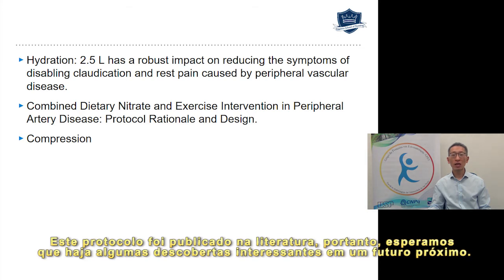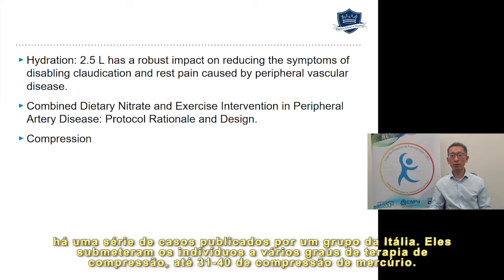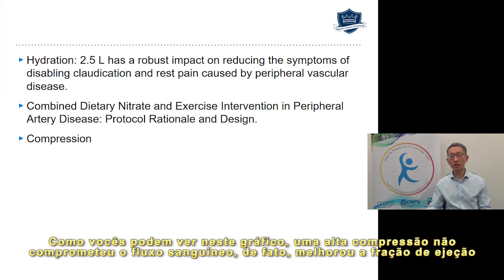And I also want to point out that compression may not always be contraindicated in patients with arterial disease. In this case, there's a case series published by Mosti and his colleagues from Italy. They subjected individuals to varying strengths of compression therapy, as high as 31 to 40 mmHg of compression.